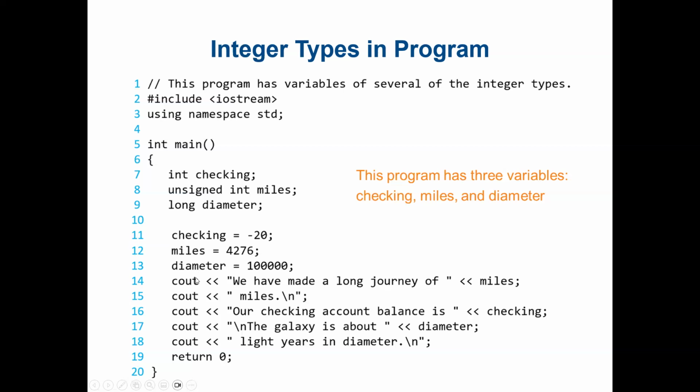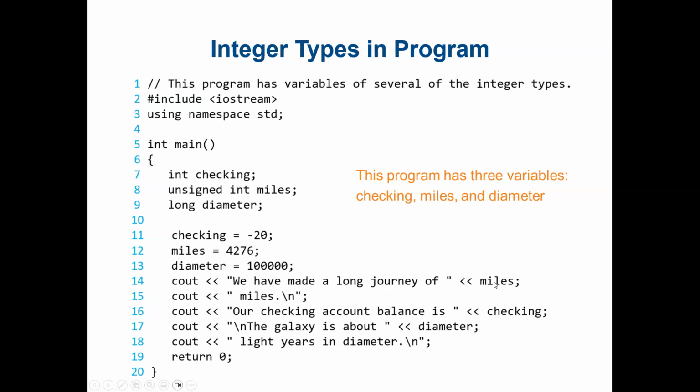Then the next, we already talked about cout to print our statement on the screen. So here we are printing, we have made a long journey of 4276 miles. We can see the second mouse is in double quotation, so it's a string. It's going to print the word mouse. But the first mouse doesn't have any double quotation, so we are going to print the content of it.